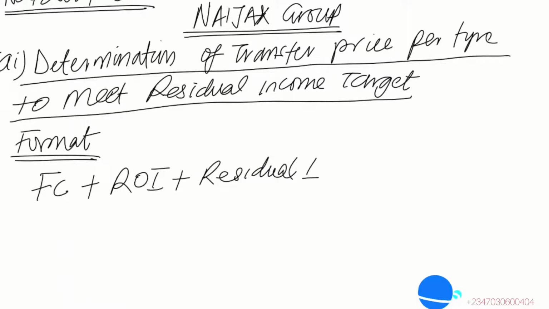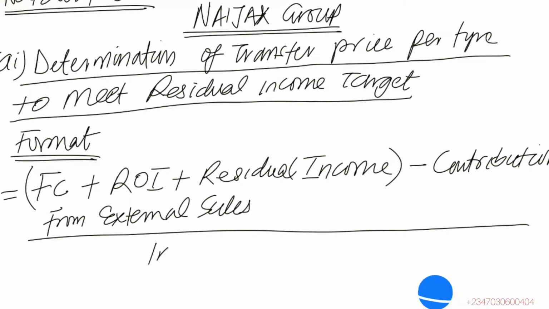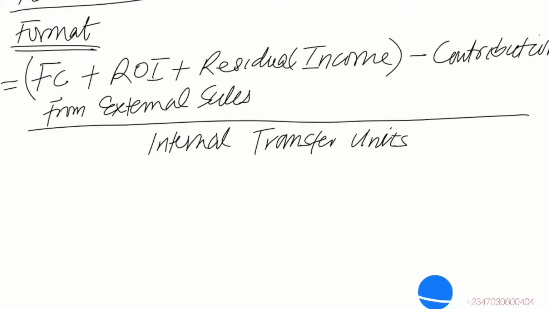Remember what we did under transfer pricing with limited factor. You have to find the additional contribution, and that's what we want to work out now. So you use this formula whenever you want to find a transfer price that will meet a residual income target. You have fixed cost plus return on investment plus the residual income less contribution from external sales.